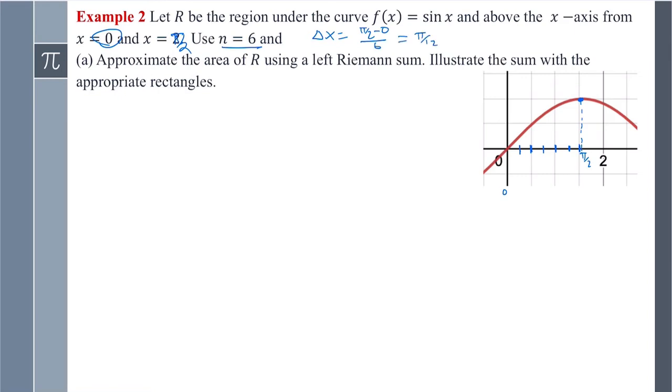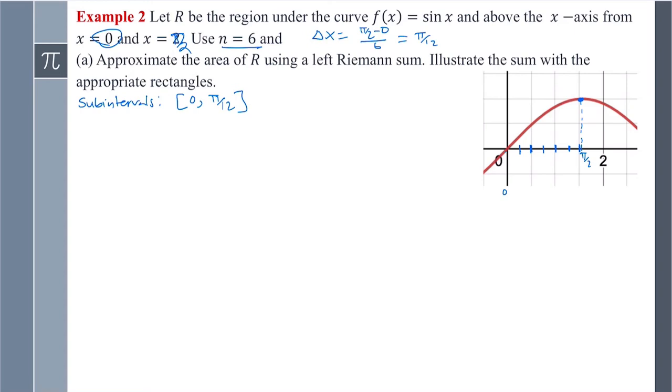So now here, let's go ahead and find the sub-intervals. I think in the graph it's really small to write that, so I'm going to write here. So the sub-intervals that we have, the first one is 0 to pi over 12, because that is the width. So 0 plus pi over 12 is pi over 12.